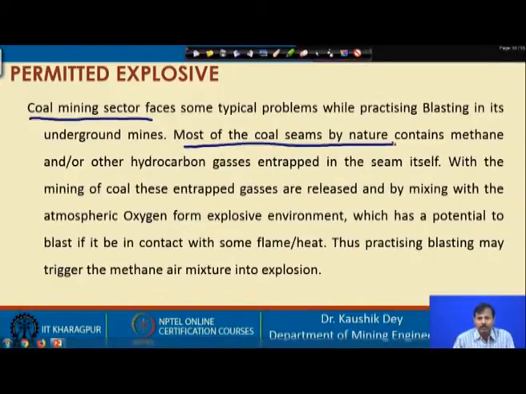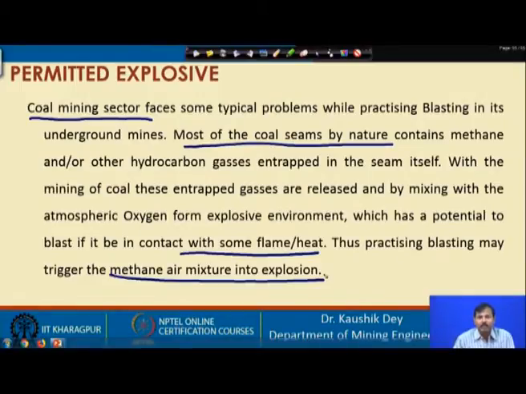A particular percentage of methane and a particular percentage of oxygen, when mixed, create an explosive environment, and if a naked flame or some heat is injected into that environment, it will blast. This type of blast is called a fire damp explosion or methane air explosion. That is why blasting may trigger the methane air mixture and convert it into a fire damp explosion.